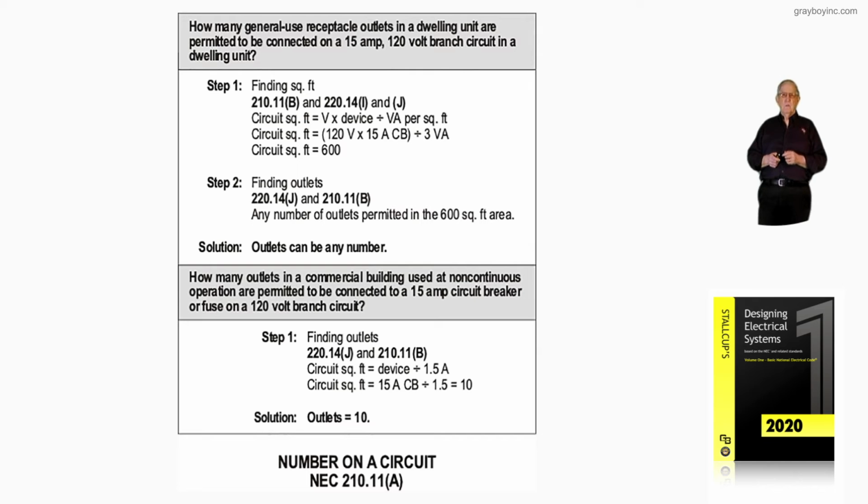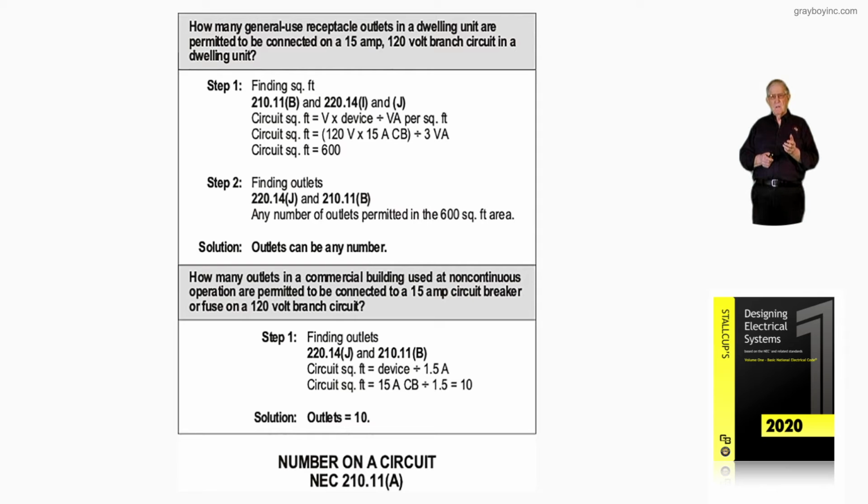We're not using 3 VA. We're taking the circuit overcurrent device and dividing by 1.5 amps, which we obtained by taking 180 VA per outlet divided by 120, as you saw in the previous illustration. So we would take that 15 amp overcurrent device with number 14 wire, divide it by 1.5, and you're allowed 10.